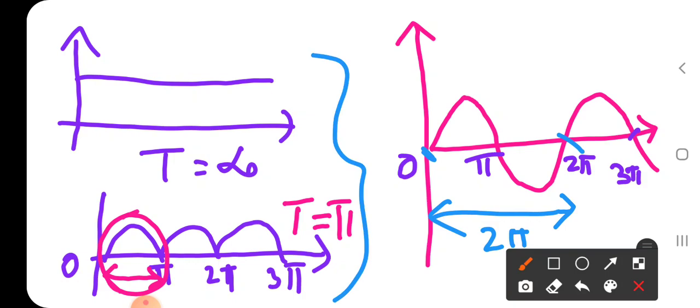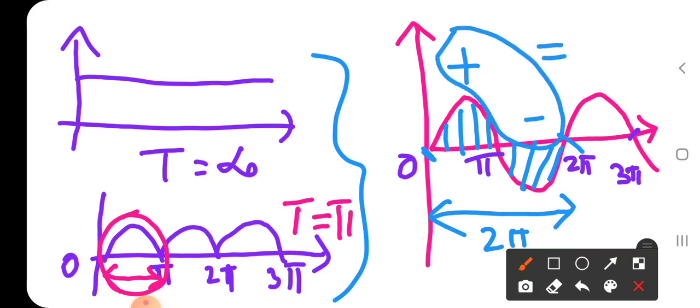Whatever area we have from 0 to pi, from pi to 2 pi you can observe the same but negative. Whenever you try to get the average value, this is positive and here it is negative. If you add positive and negative, this will result in 0. So in order to avoid the 0 value, we take only half of the cycle, that is 0 to pi only.